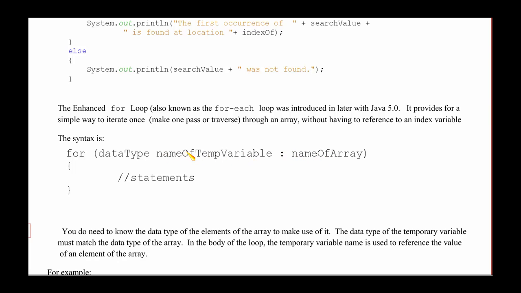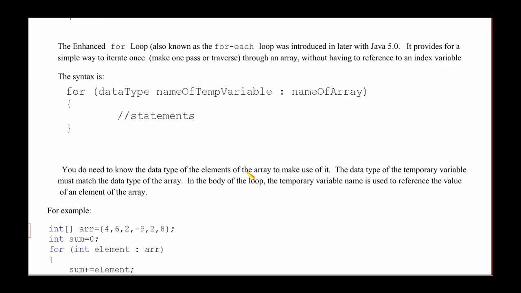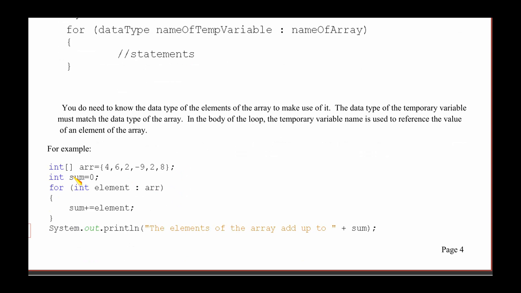Typically, I use element as the name of the temporary variable that we're going to use. All right, then you don't have to refer to each position in the array using the index. You just use the name of the temporary variable. So like here, I have an array that has 4, 6, 2, -9, 2, and 8 in it.